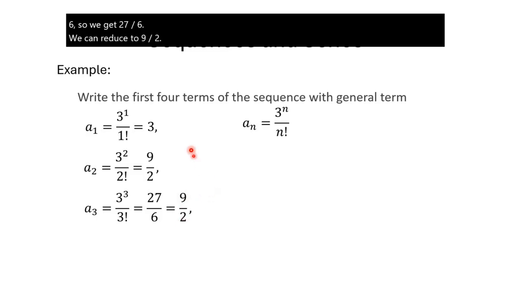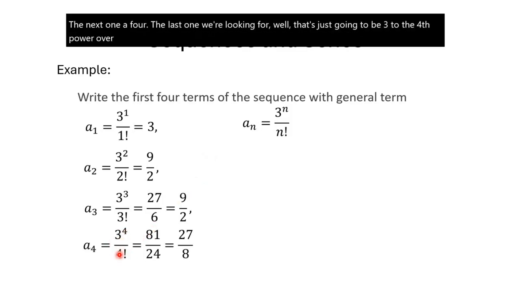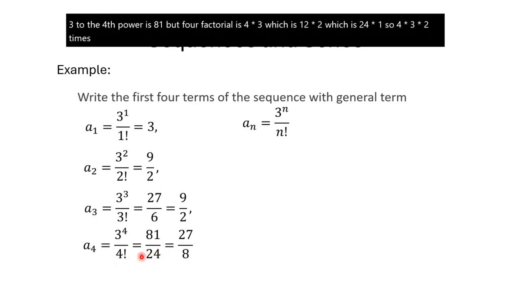The next one, a4, the last one we're looking for, is going to be 3 to the fourth power over 4 factorial. Well, 3 to the fourth power is 81, but 4 factorial is 4 times 3, which is 12, times 2, which is 24, times 1. So 4 times 3 times 2 times 1 gives me 24.